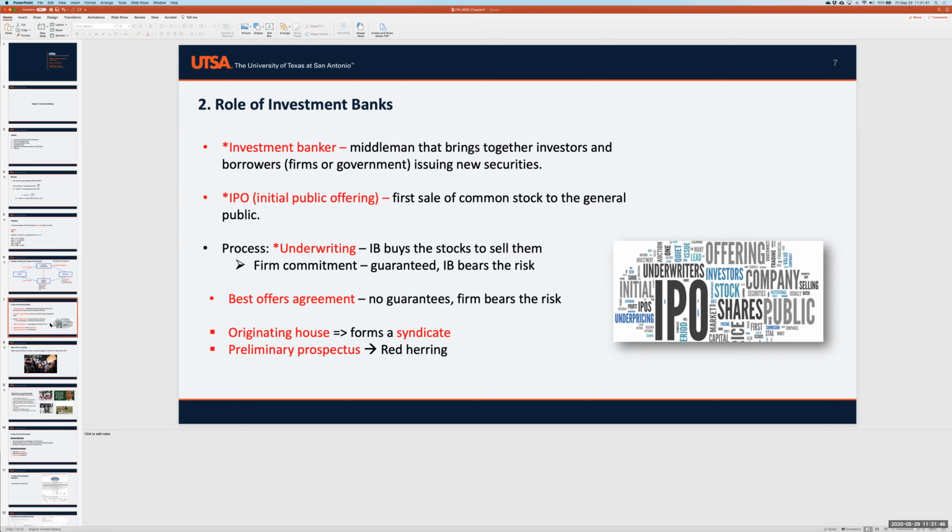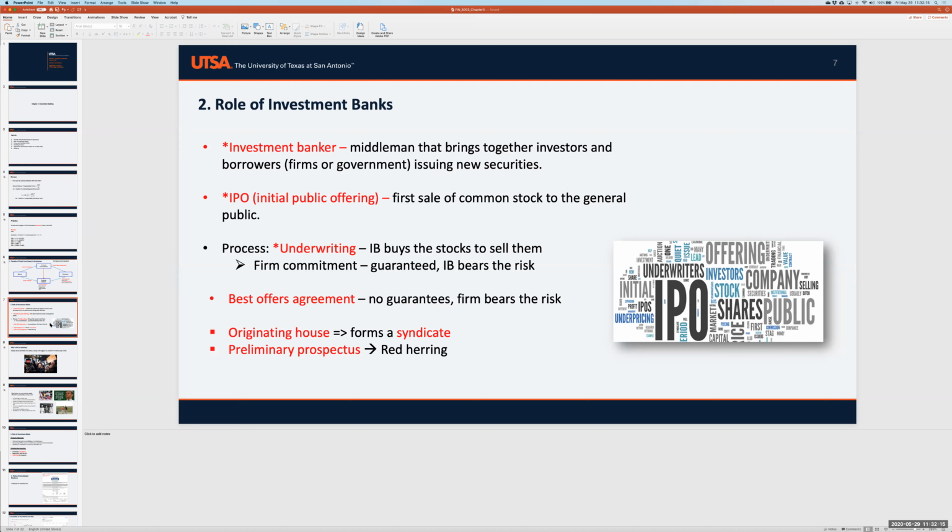And the investment banker issues new securities. Think about this scenario. You own a firm, and you want to go IPO, in other words, initial public offering. What does it mean? You want to sell your shares in public, and the first thing you need to do is find an investment banker.